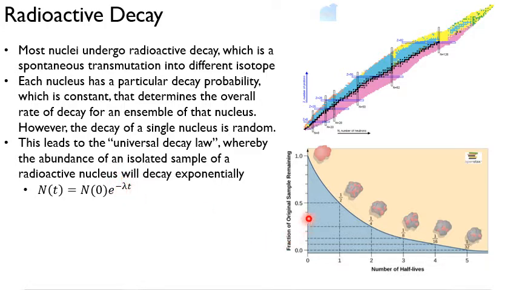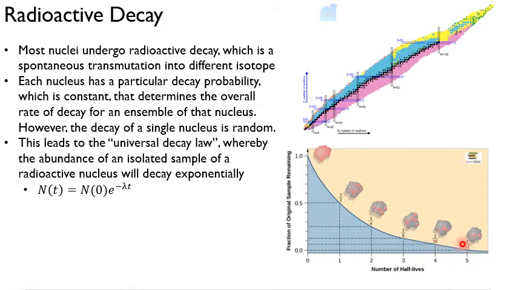So for instance, let's say I have some sample, and let's say it's 100% of some radioactive isotope. Well, it's going to undergo exponential decay, and sometime later that we call the half-life, only half of that sample is still the original radioactive isotope. And then as we go on one more half-life, only a quarter will be that original radioactive isotope.